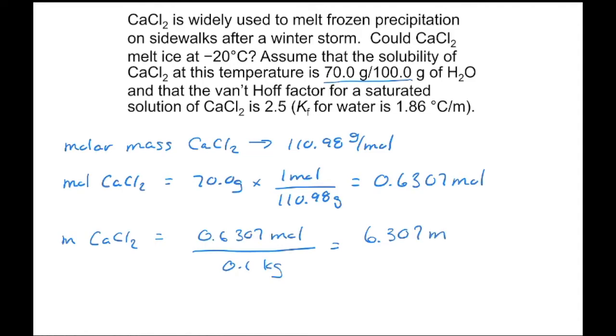Okay, so what are we asked for? We're asked for a freezing point depression in this case. We're given a Kf of 1.86 degrees Celsius per molal, and since we have an ionic solid, calcium chloride, we have to consider the Van 't Hoff factor, and we're given the Van 't Hoff factor right here as 2.5.